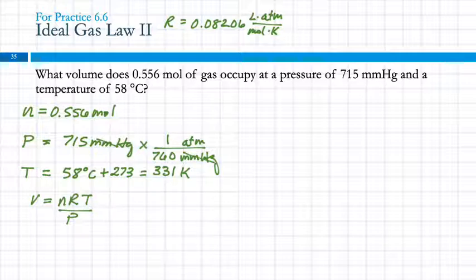So 715 divided by 760, my pressure is 0.940. There's my 3 sig figs. I'm going to put 2 extras. Atmospheres. And my temperature's in Kelvin, so now I've got the correct units.